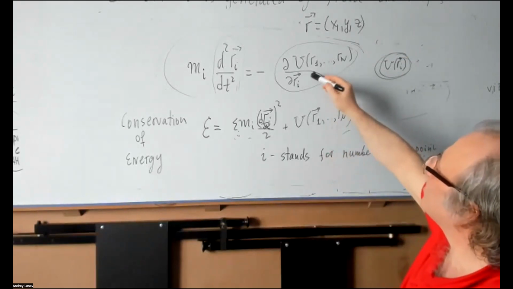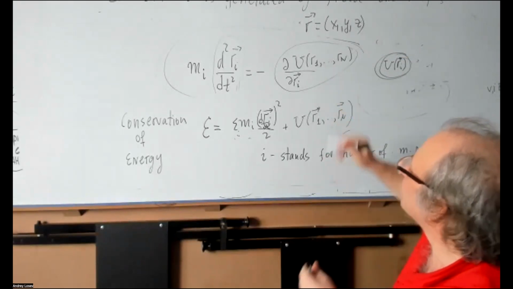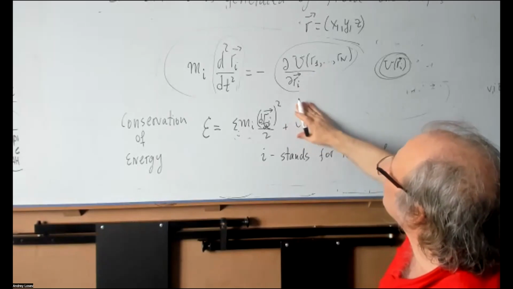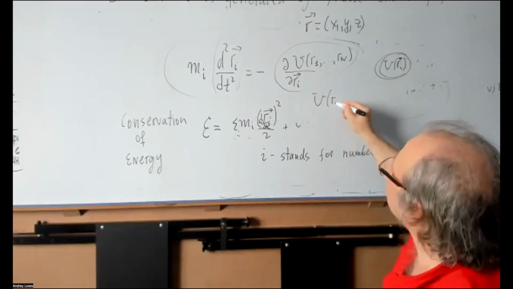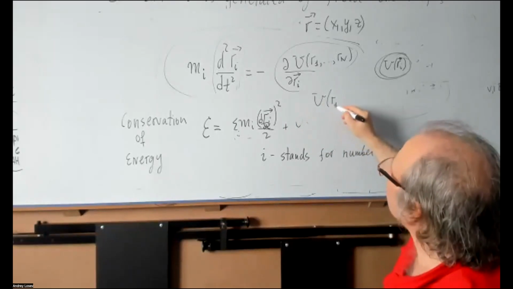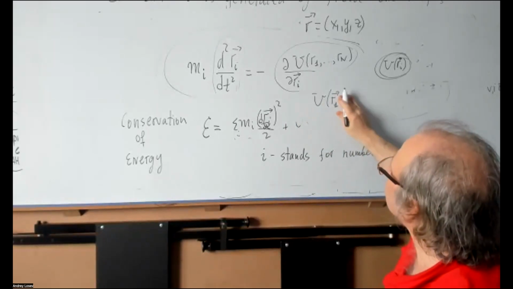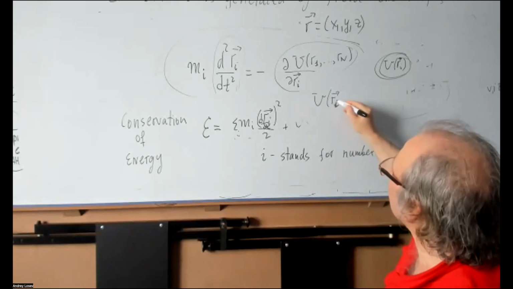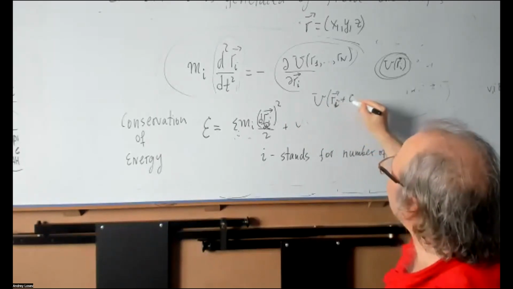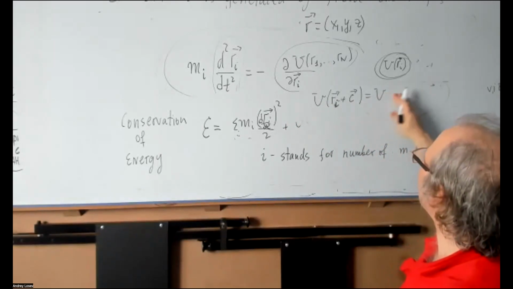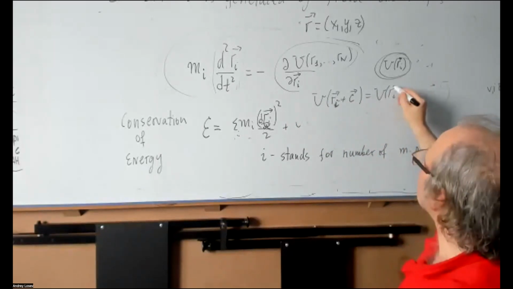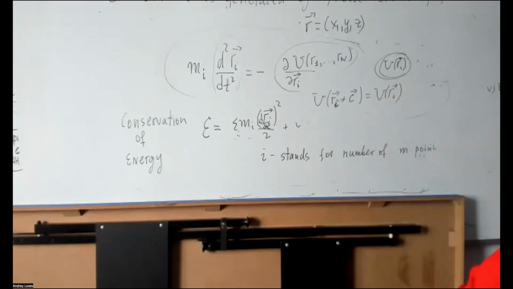But when I was writing it like this, I also implicitly assumed that U was invariant under the following symmetry: U(R_i plus a constant vector C) equals U(R_i). Okay?